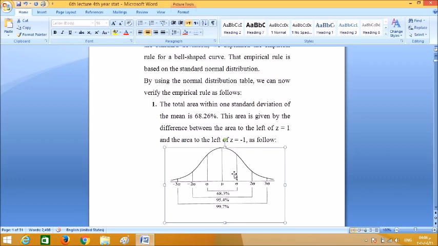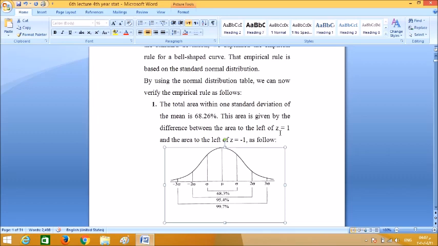This area is given by the difference between the area to the left of Z equal 1 and the area to the left of Z equal minus 1, if we deal with the standard normal distribution.